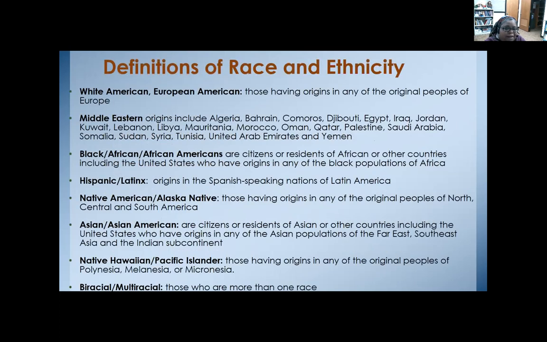And then for race and ethnicity, we broke it down into white, American and European American, or European; Middle Eastern; Black, African, and African American; Hispanic and Latinx; Native American, Alaska Native; Asian, Asian American; Native Hawaiian, Pacific Islander; and then biracial and multiracial.